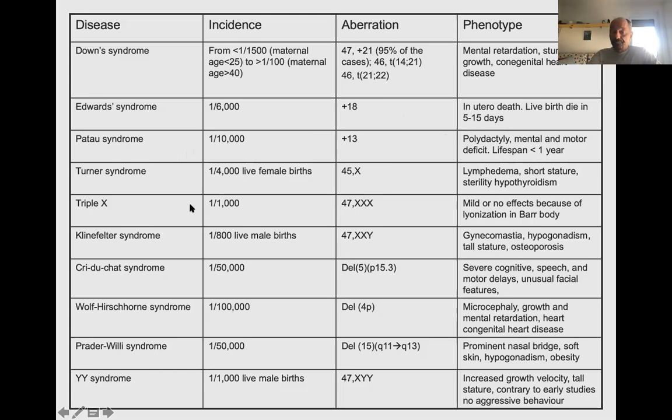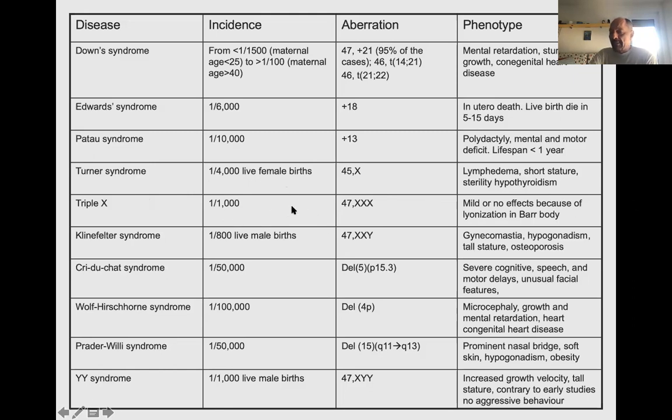Turner syndrome is less fatal, let's say, but also has a lot of problems: lymphedema, short stature, sterility, hypothyroidism. It's 45,X, so it's 1 in 4,000 live female births.